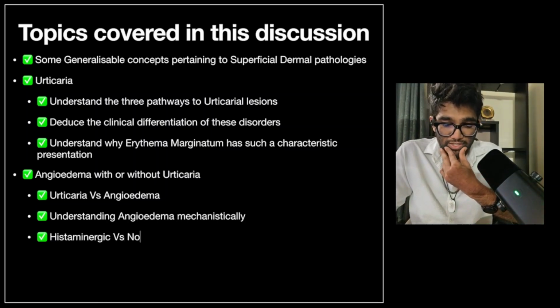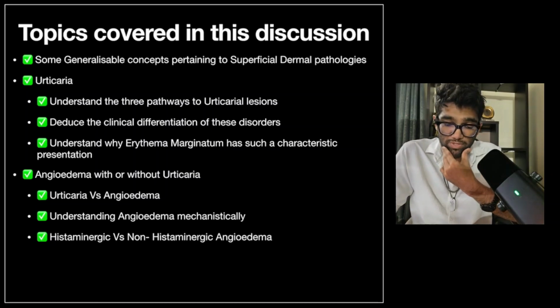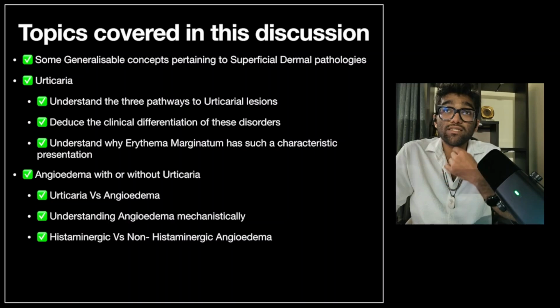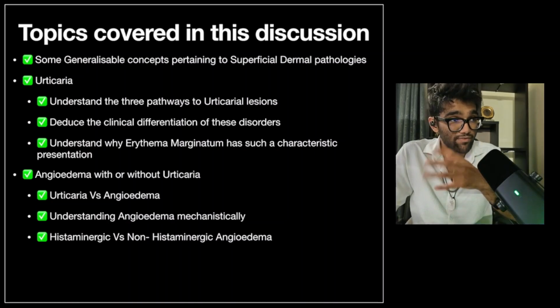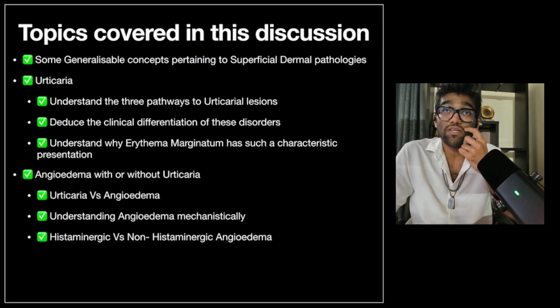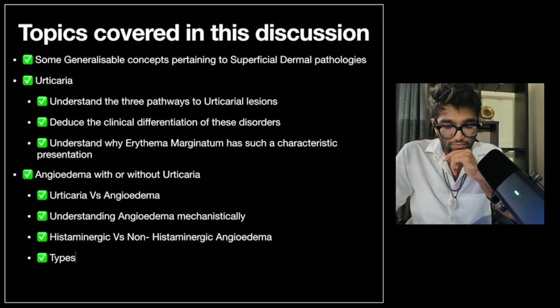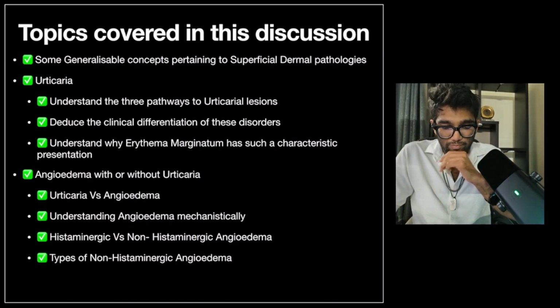We've understood there are two types of angioedema: histaminergic, due to mast cell degranulation, and non-histaminergic, due to overactive activation of bradykinin by the contact pathway, and two other pathways as we've discussed till now. Then we found that there are four different types of non-histaminergic angioedema, and we have seen how to differentiate them.